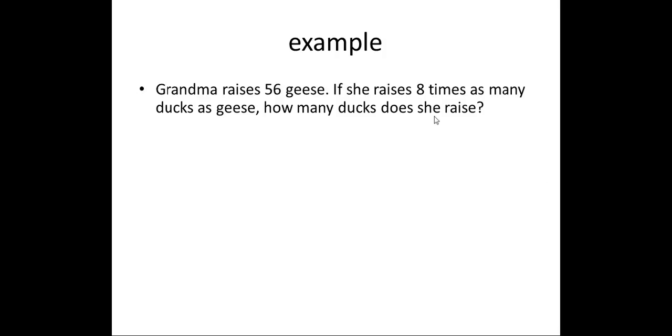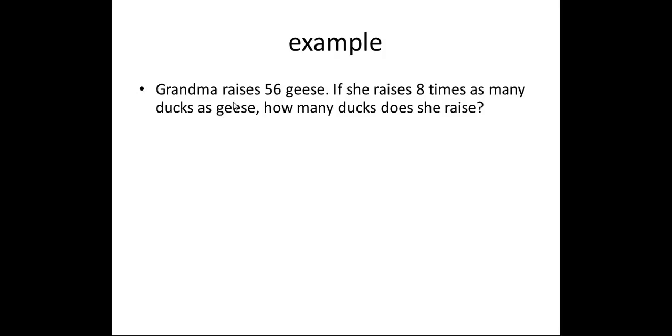Times and as, they go together. What do we use to find the amount in each group? We use as to find the amount in each group and the total amount in all the groups. So the noun after the second as is geese. So in this specific example, the number of geese is the amount in each group.